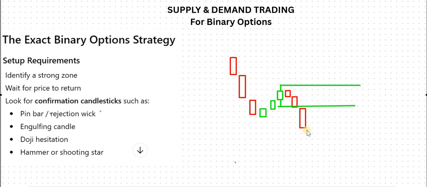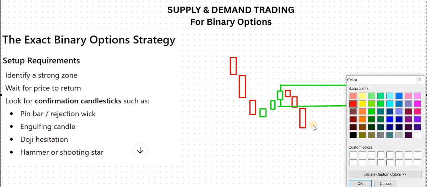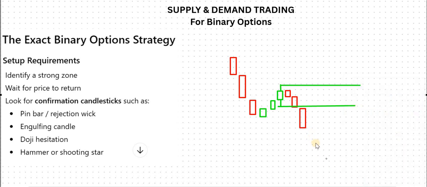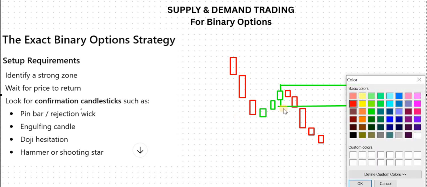Now what we want to see at this stage is maybe the candlestick still comes down a bit. It's possible it comes down like this, and then it goes up again.